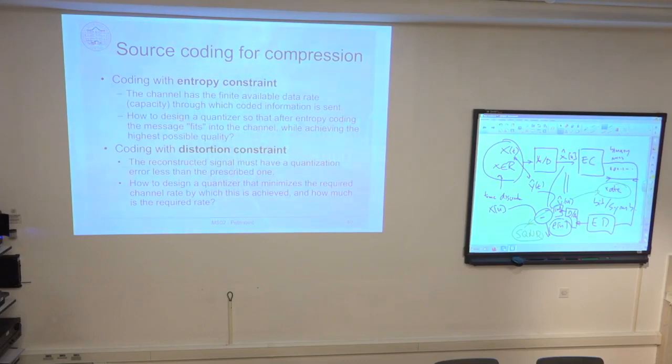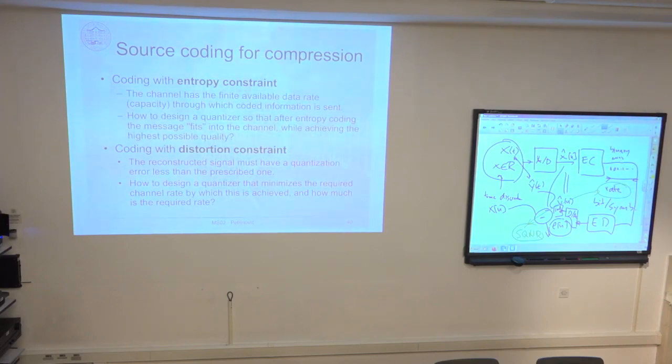In this case, I have to adjust the quantizer together with the entropy coder not to exceed this bound. So the entropy is bounded due to the channel limitation, and I have to design the system in a way that the output of this entropy coder is less than the channel capacity. So that is the first way, it is entropy constrained.